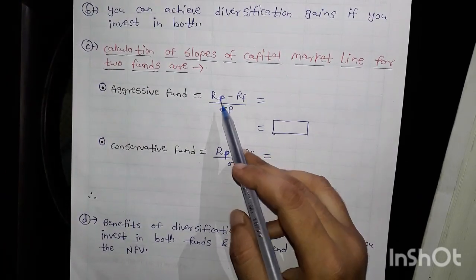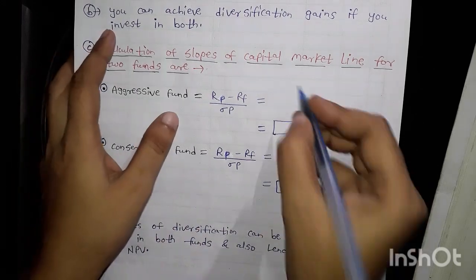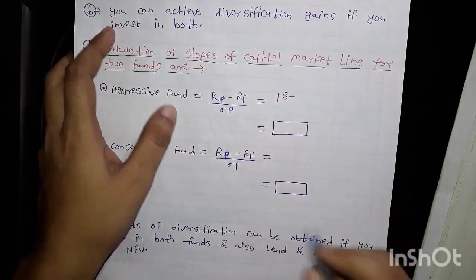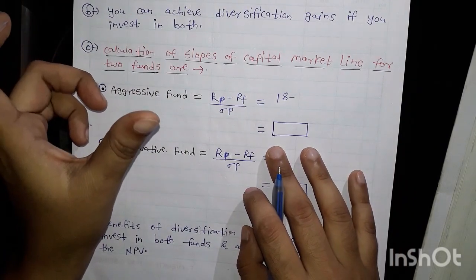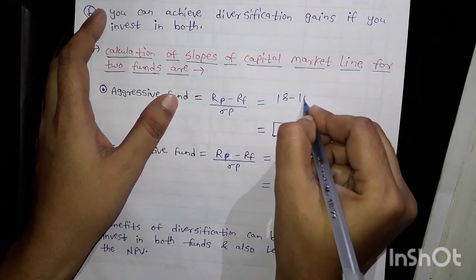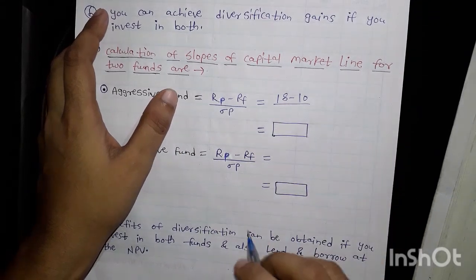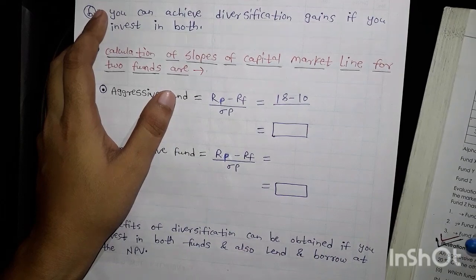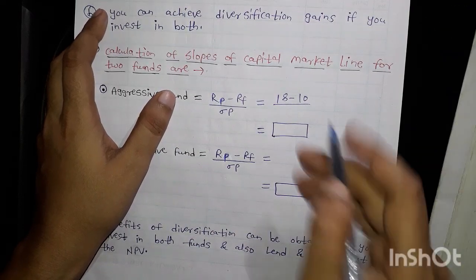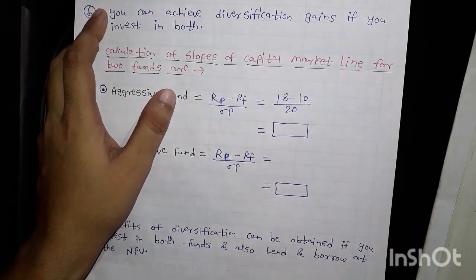So the return of the portfolio, which is given in the very first line, that is 18, minus RF, that is the opportunity cost, which is given in part C. Okay, so that is 10. After that, the standard deviation of the portfolio, which is also given in the first or second line, so it is 20.